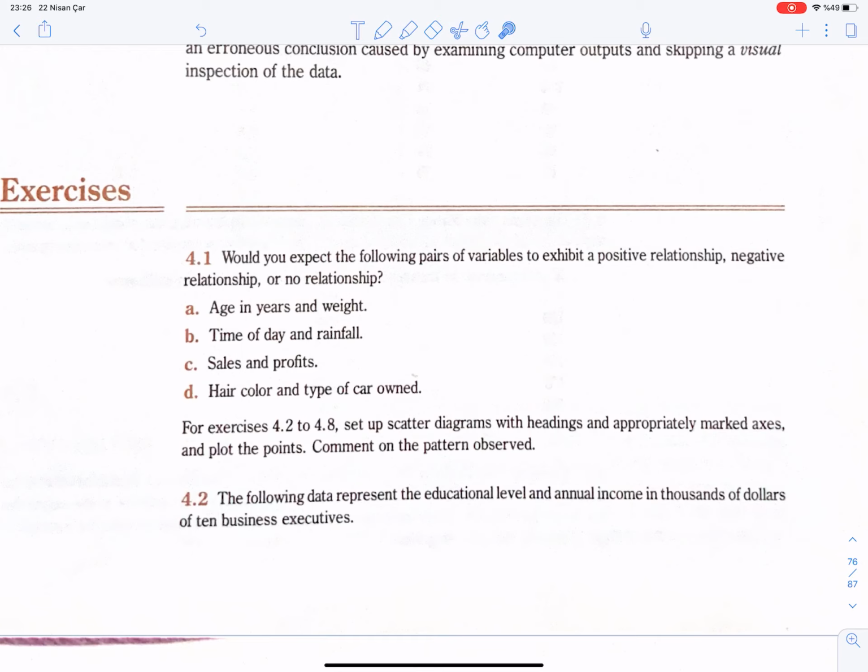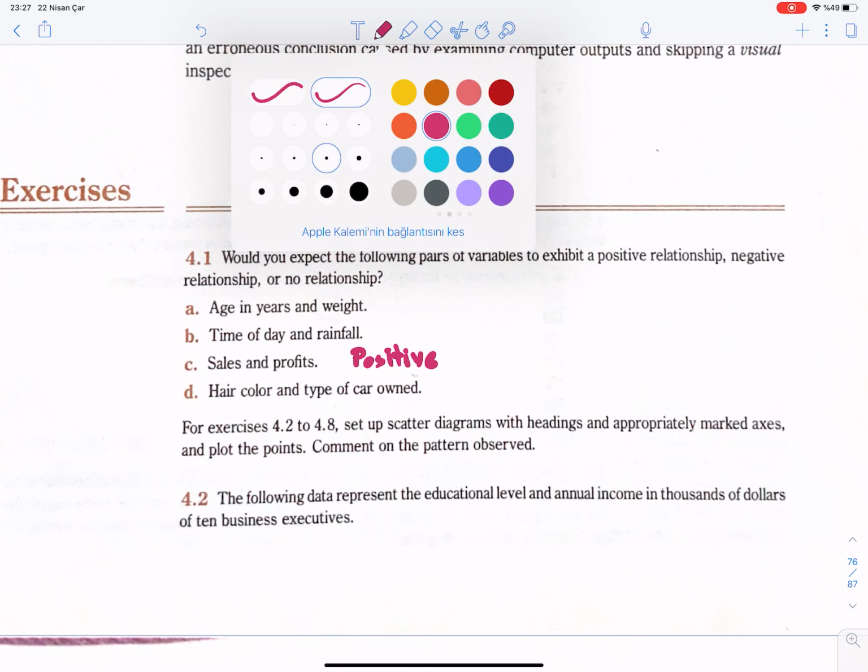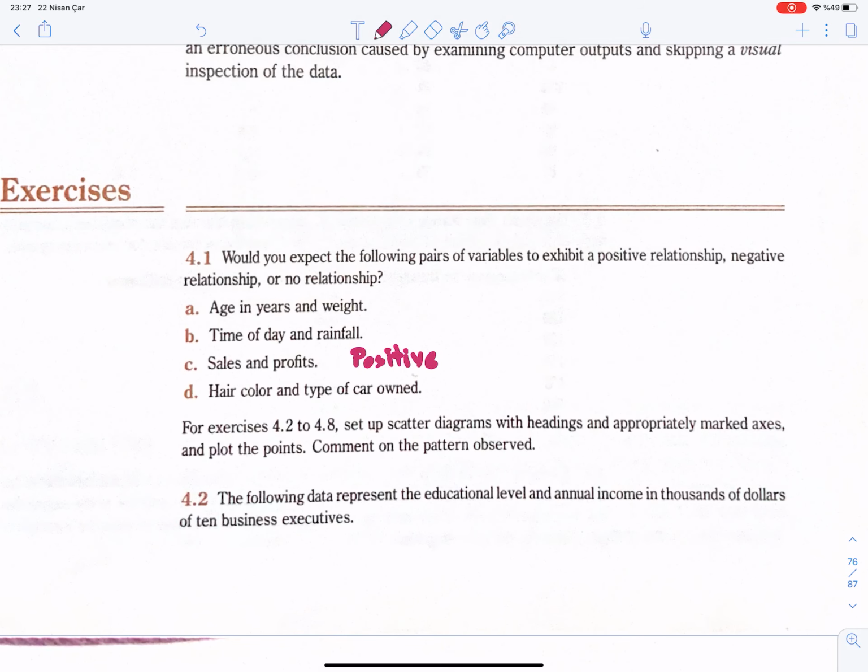As the sales are increasing, your profit should increase. So two increments is a positive correlation. So this is positive. Let me write a positive correlation. No correlation. Positive correlation too.